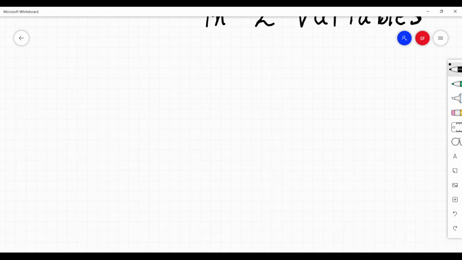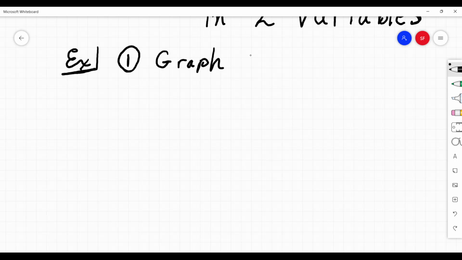Okay, we're going to start with an example. Example number 1 says graph 3x minus y is less than 2.